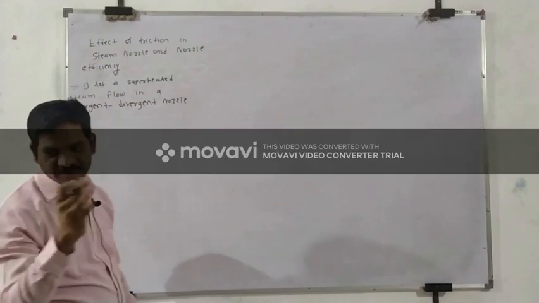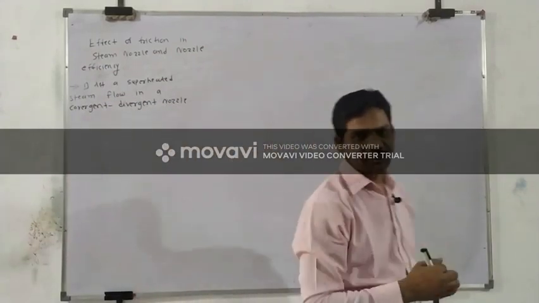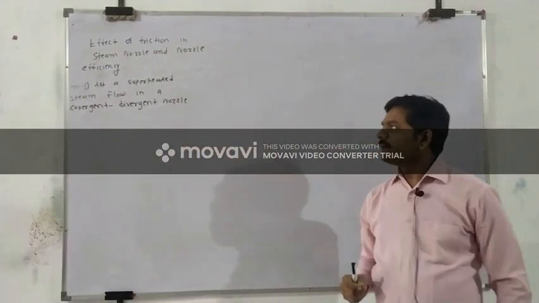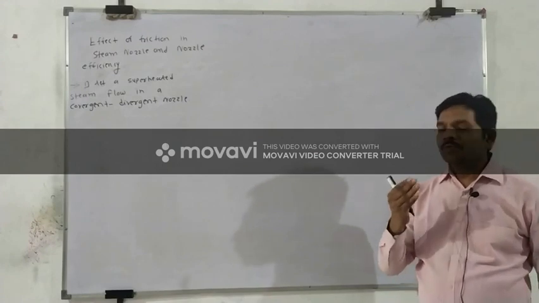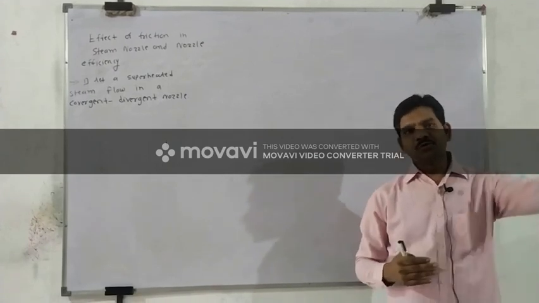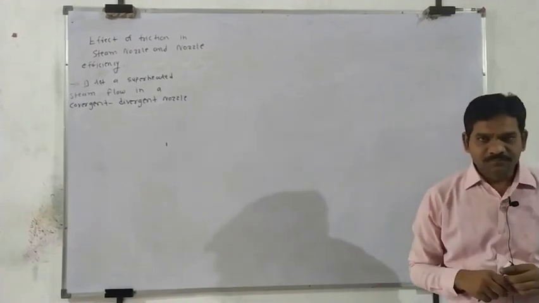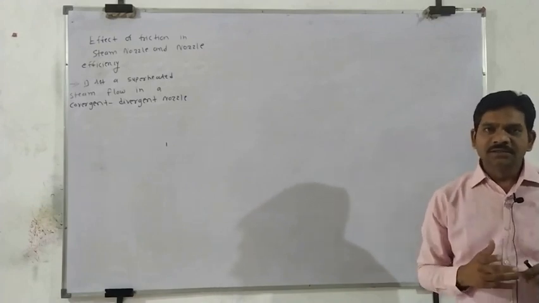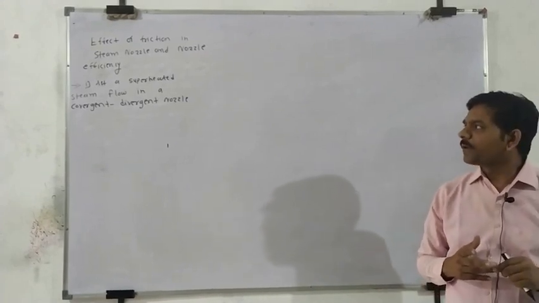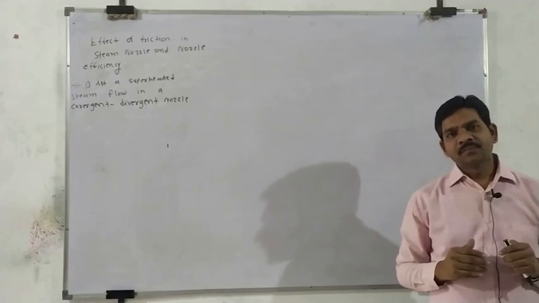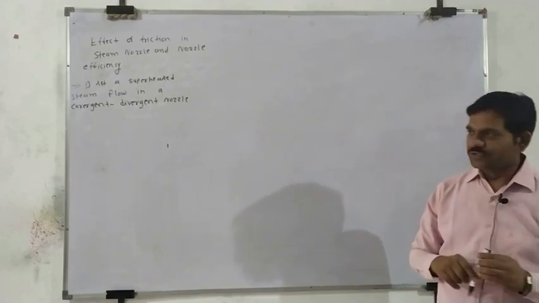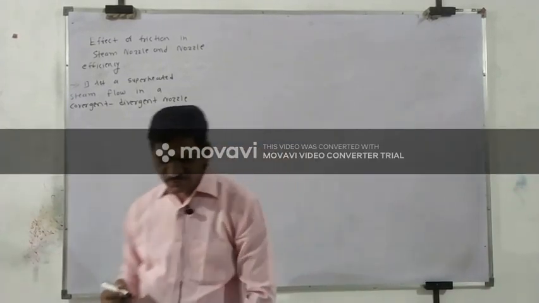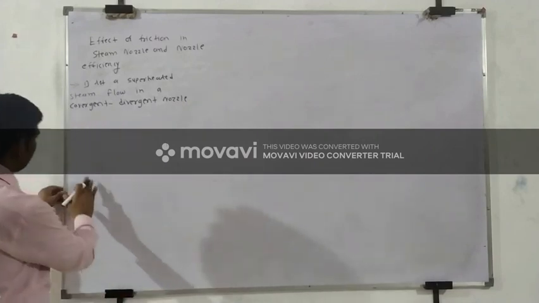Yes or no? Yes. What do we consider? We consider a superheated steam. We know that the superheated steam is produced from a boiler. After the steam is produced from a boiler, it is passed into convergent divergent nozzles. Okay. So let's draw the diagram of this convergent divergent nozzle here.